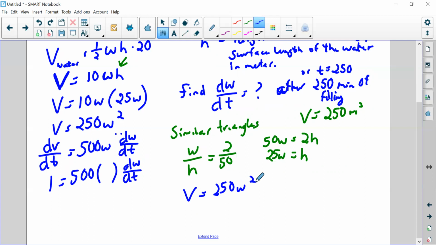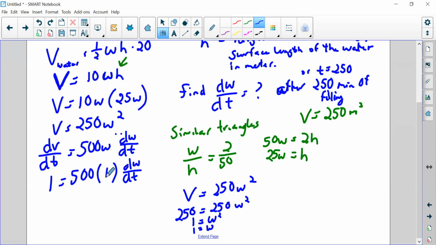So if it's been filling for 250 minutes, what would be the volume of the water? Because our rate of change is 1 per minute, so that's going to be 250. You agree with that? Okay, so that means W squared is 1. So W must be 1. Square root of 1 is 1.